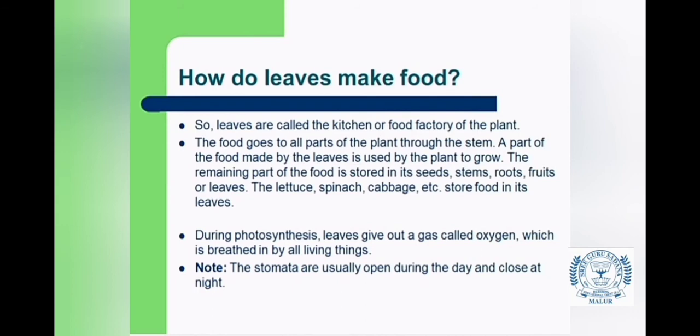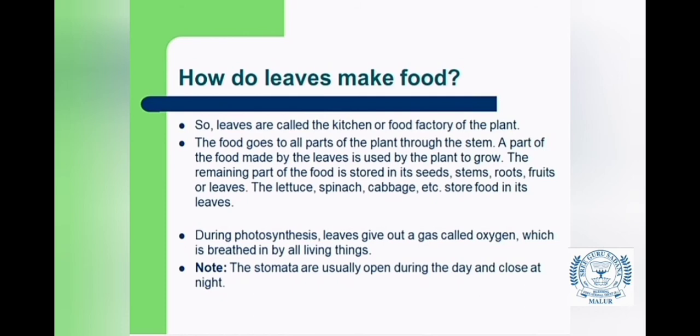So during photosynthesis, leaves give out a gas called oxygen. So oxygen is being taken by us, right? We human beings, and it is breathed by all living things. Note the stomata are usually open during the day and closed at night. The stomata are the tiny pores present in the leaves, right?